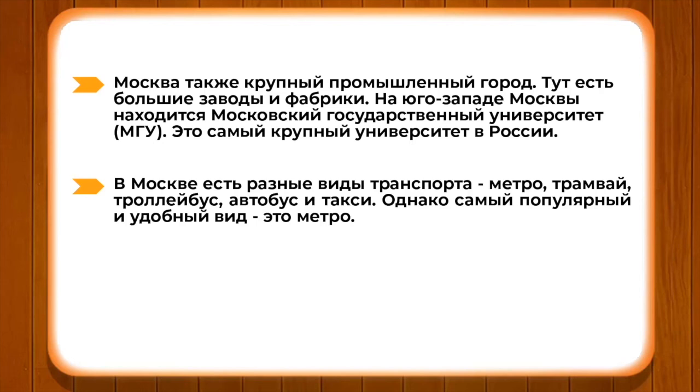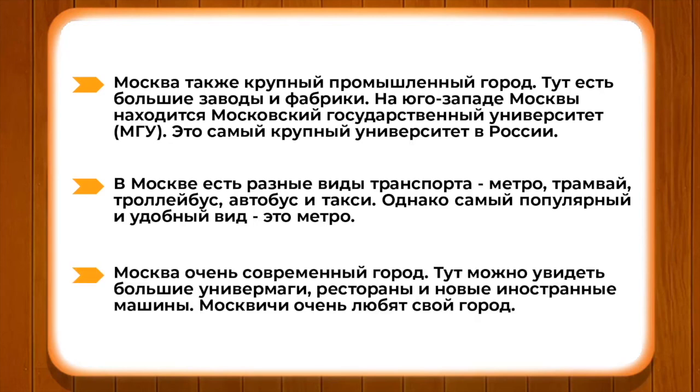We will be discussing this in detail after completion of the text. Now the last paragraph of the text: Москва – очень современный город. Тут можно увидеть большие универмаги, рестораны, новые иностранные машины.